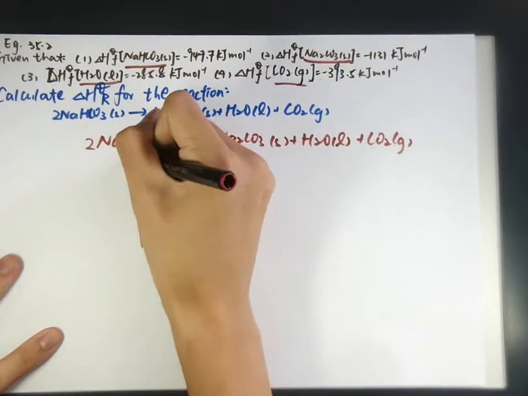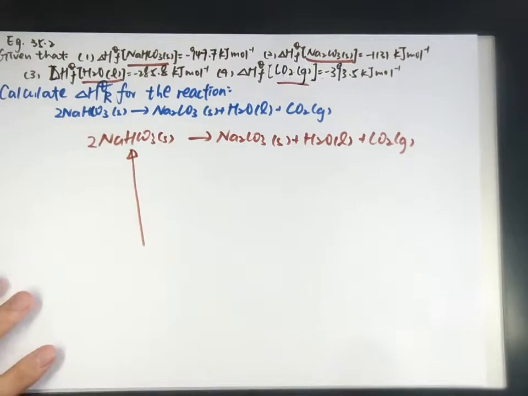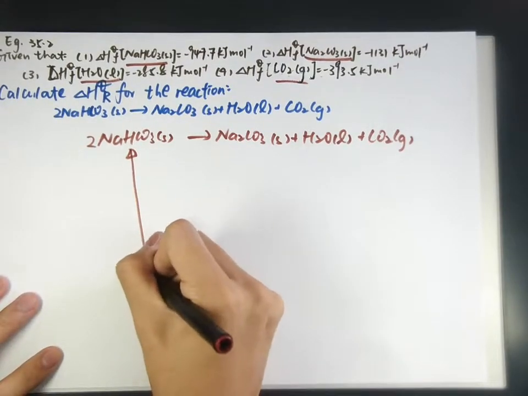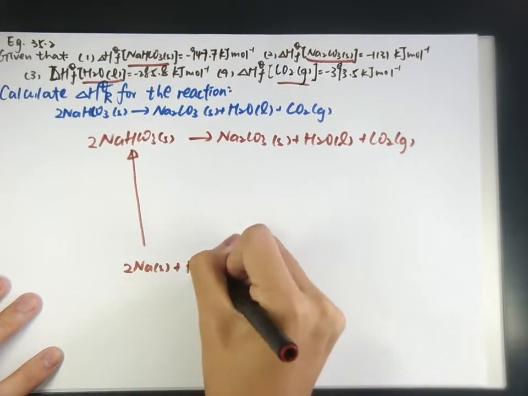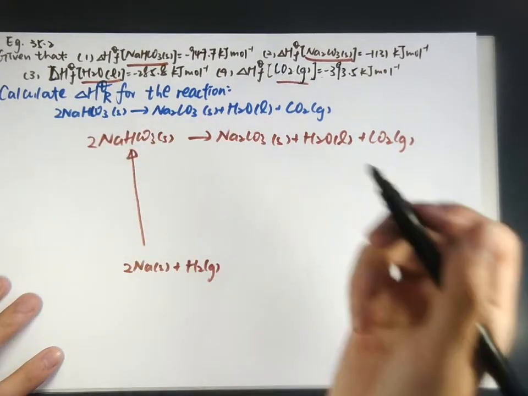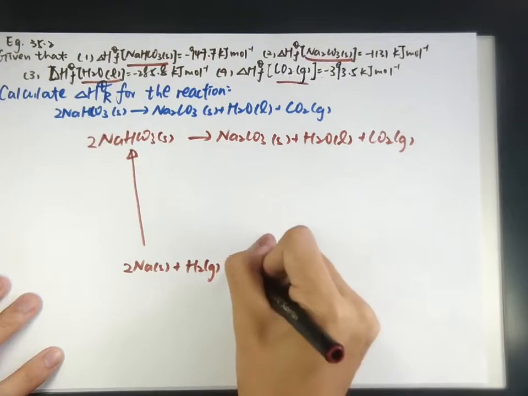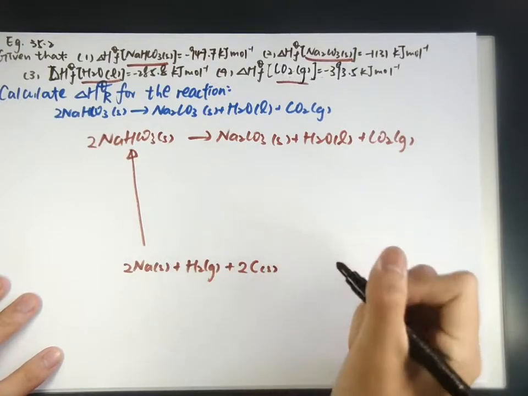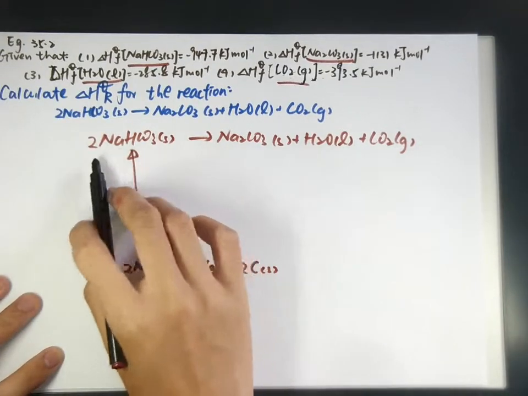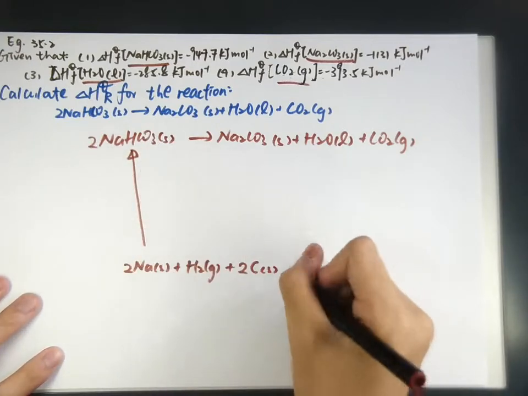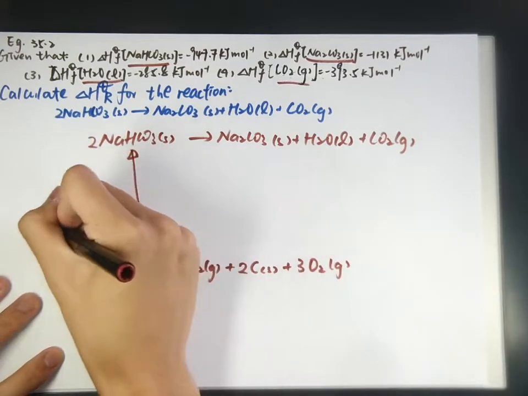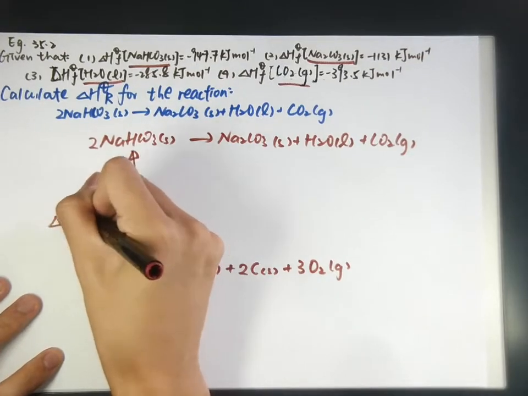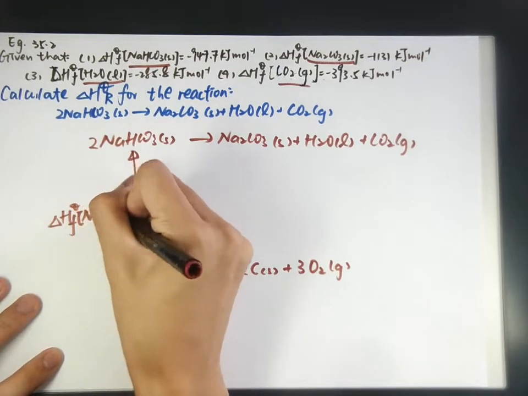For this side we have 2 Na, H2 because 1H and 2H, and then 2C and 6O. 2 times 3 equals 6, which means 3O2. And this is delta HF of NaHCO3.